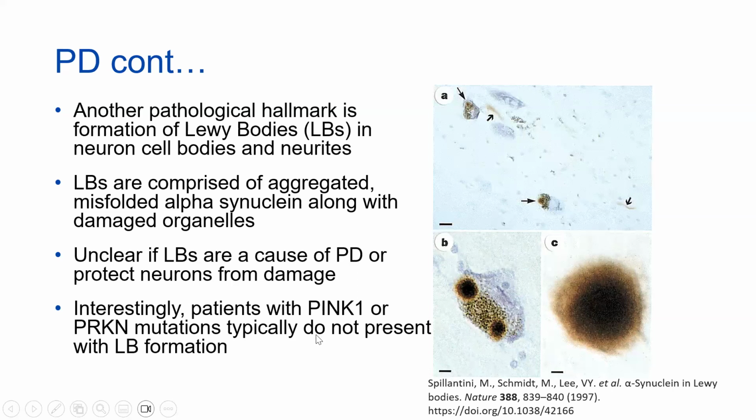And these patients typically do not have formation of Lewy bodies. So that has led some to hypothesize that Lewy bodies actually protect the patient from getting Parkinson's disease earlier in life. And if these early onset PD patients had Lewy body formation, they may have gotten it later in life, around age 65, for example.